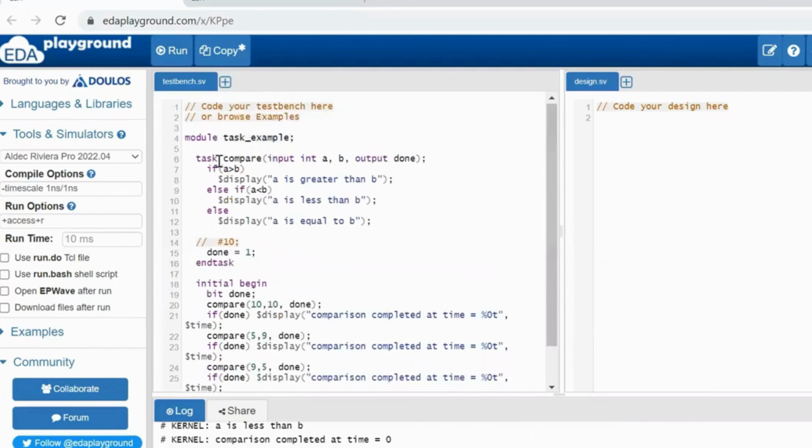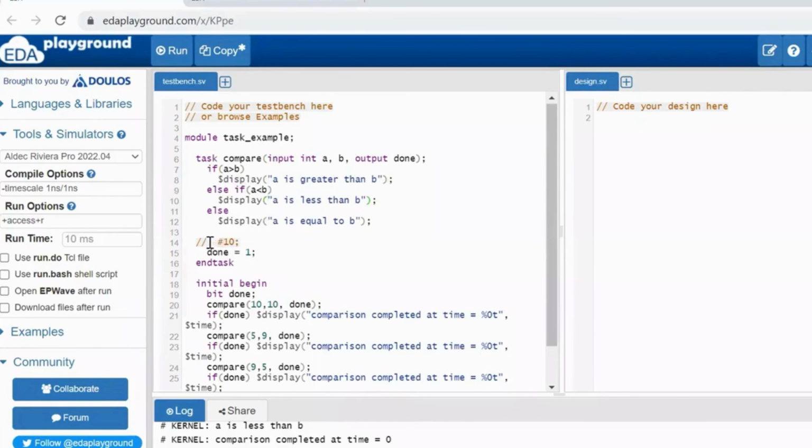Task example, task compare. Here we are giving arguments like input a comma b and also output. Both types we can take in the task. If some condition happens, it prints a display statement, else if another display statement, else another.